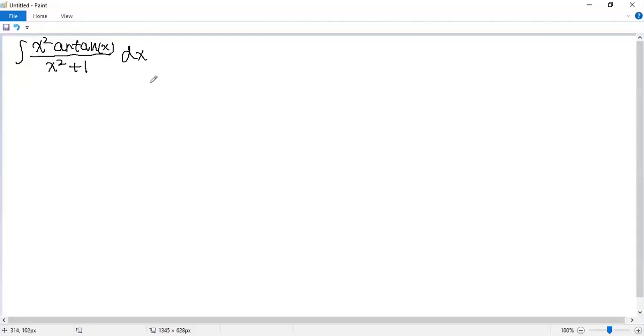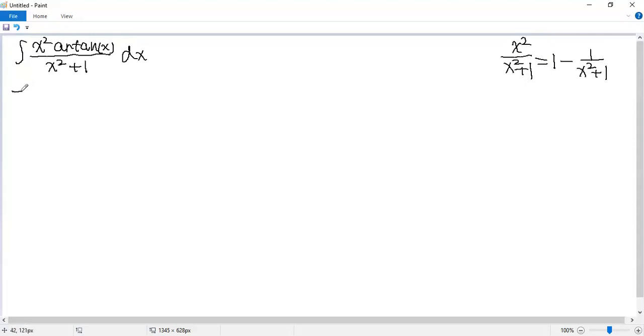Because the integrand looks complicated, first let's break it up into two parts using the identity x squared over x squared plus 1 equals 1 minus 1 over x squared plus 1.